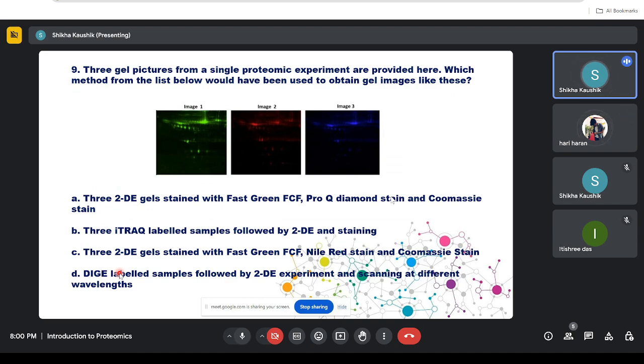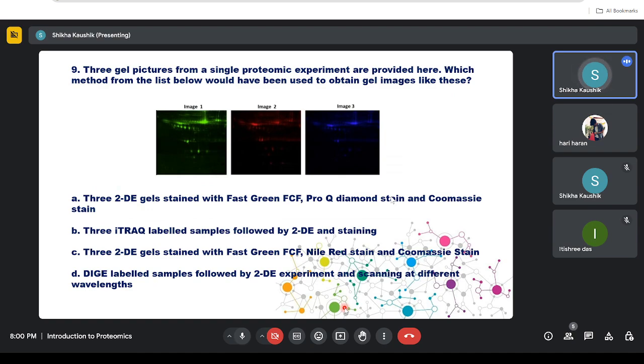Which method from the list below would have been used to obtain a gel image like this? 3 2D gels stained with fast green, Pro-Q Diamond and Coomassie stain. 3 iTRAQ labeled samples followed by 2DE and staining. 3 two-dimensional gels stained with fast green, Nile red stain and Coomassie blue. And DIGE labeled sample followed by two-dimensional experiment and scanning at different wavelengths. It's a very simple answer.